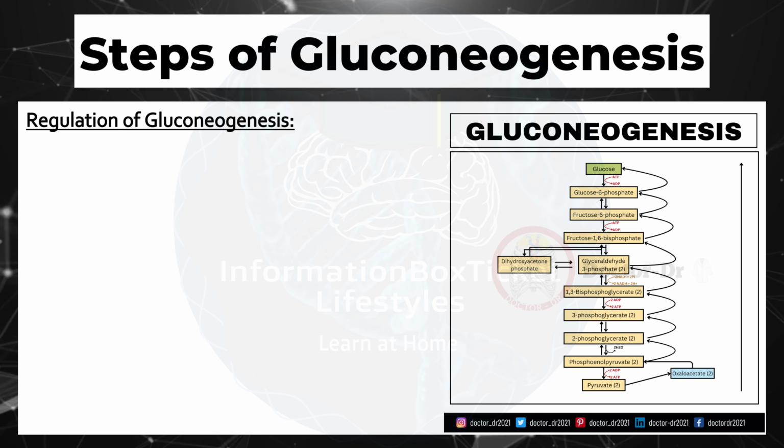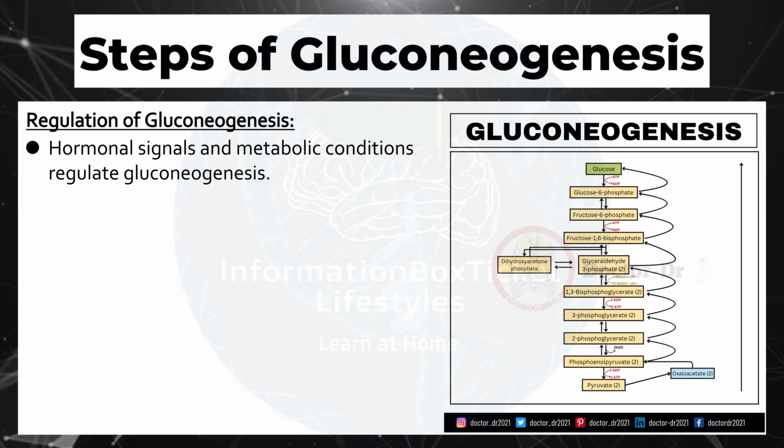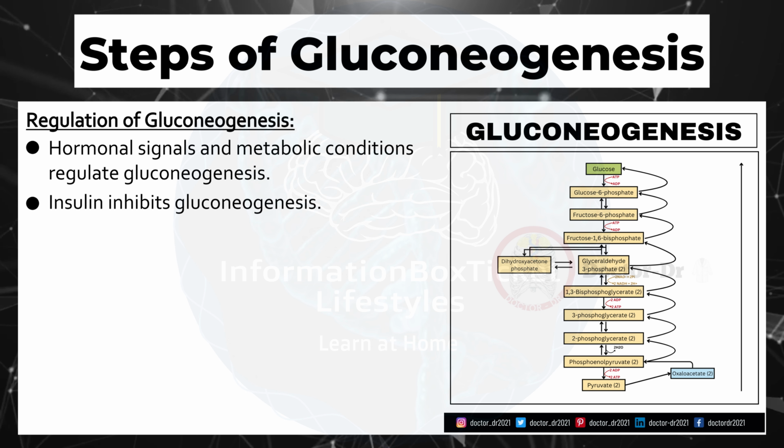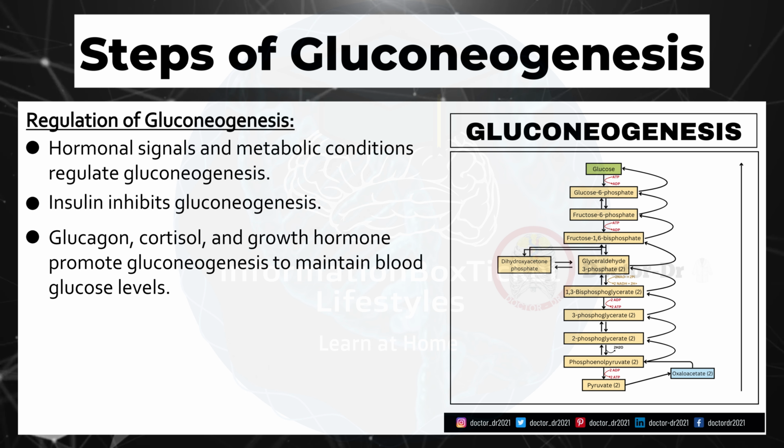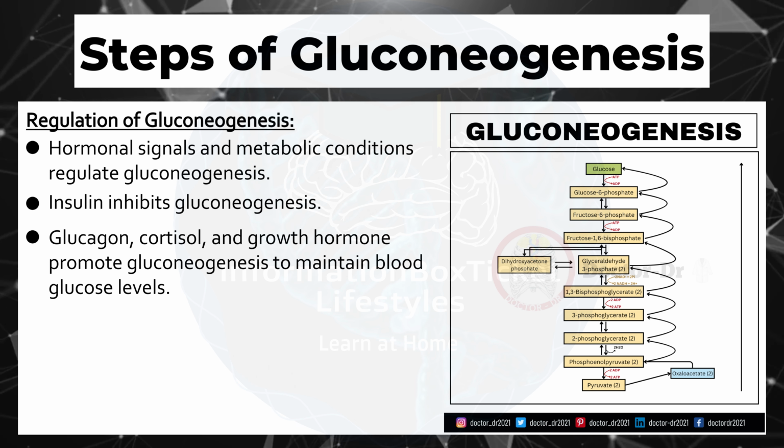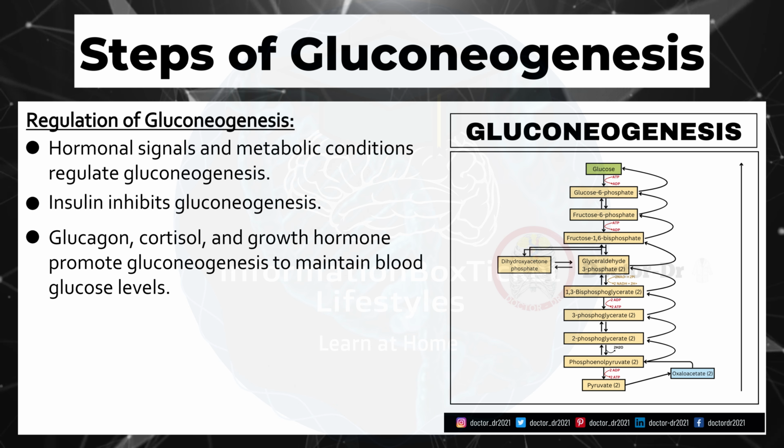Regulation of gluconeogenesis: hormonal signals and metabolic conditions regulate gluconeogenesis. Insulin inhibits gluconeogenesis. Glucagon, cortisol, and growth hormone promote gluconeogenesis to maintain blood glucose levels.